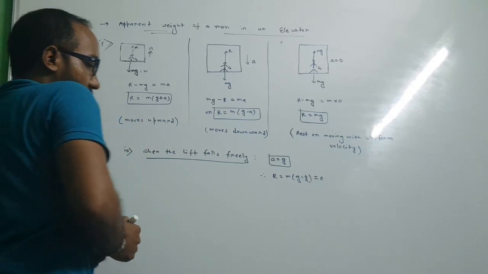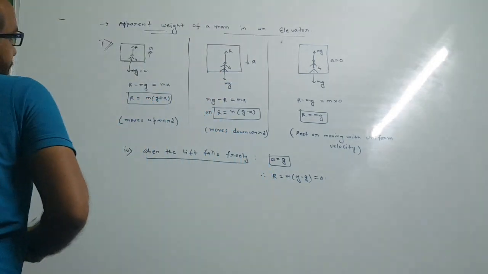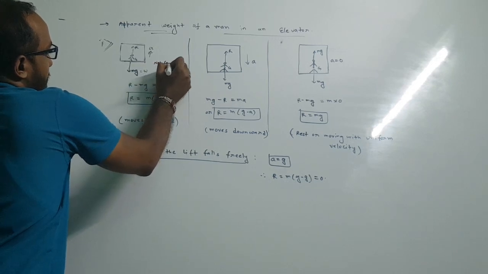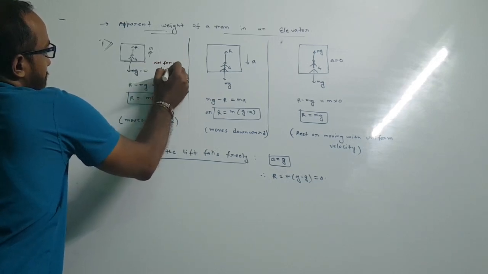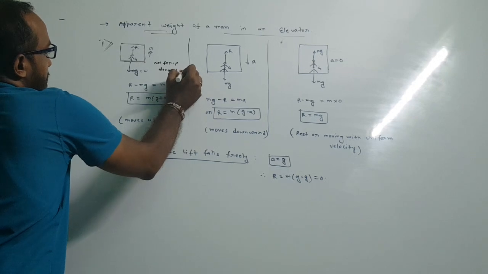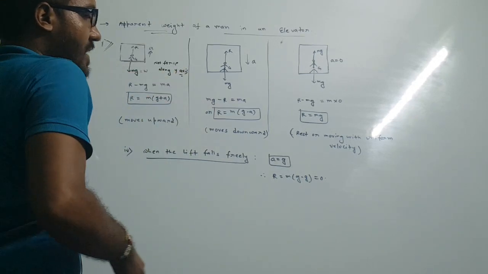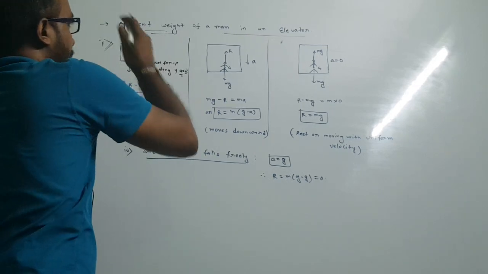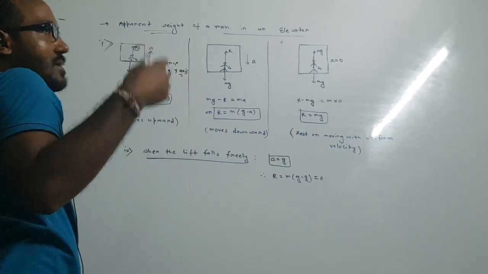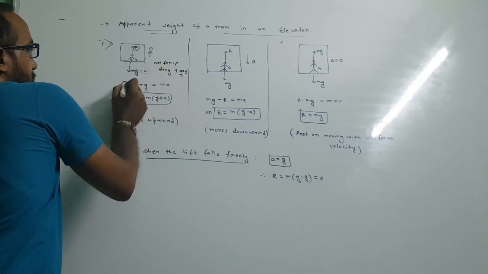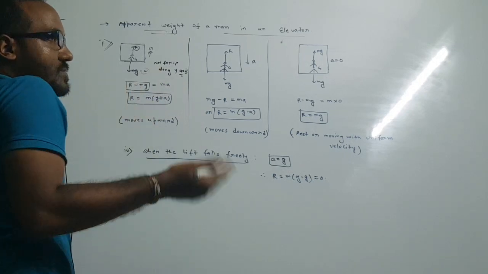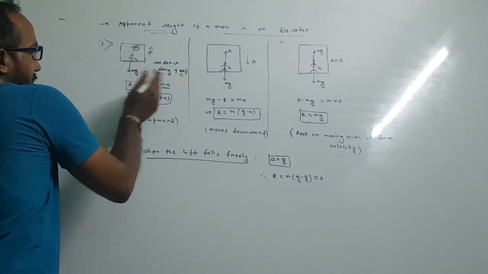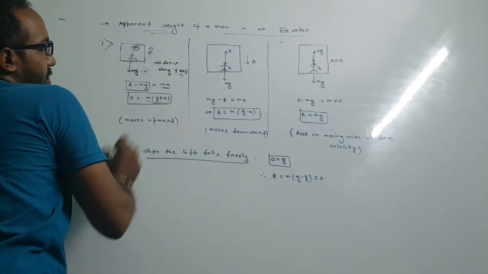Here we have to apply the net force along the y-axis, the vertical direction. As the lift is moving upward, the reaction force will be larger than the weight. So R minus mg is the net force, and that equals mass into acceleration. So R equals m into g plus a.